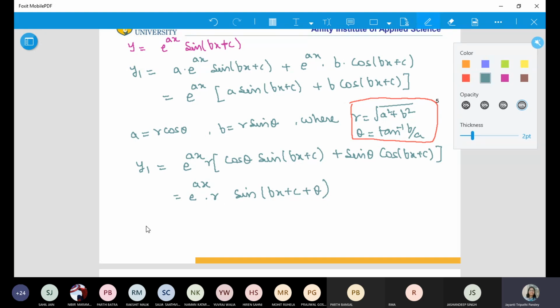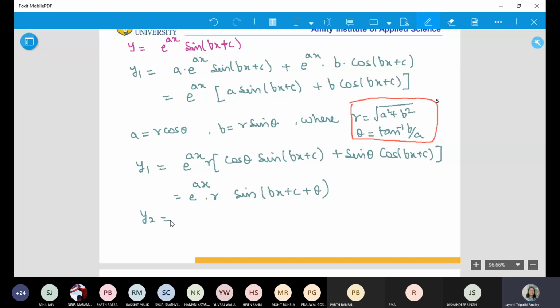Now find y2. y2 will be, from this basis we will be getting, e to the power ax r square sin(bx plus c plus 2 theta).